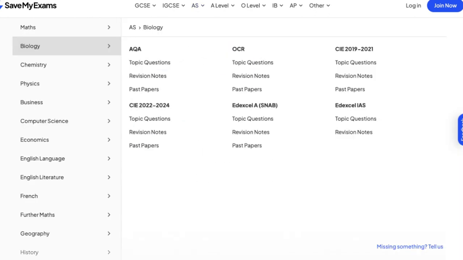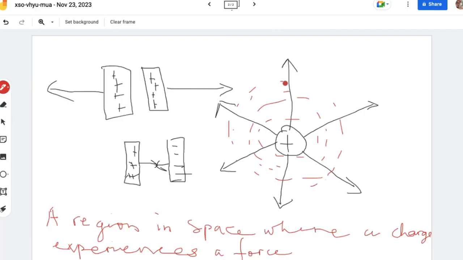We also look at the uniform electric field.